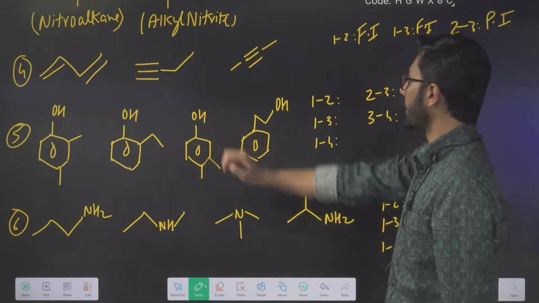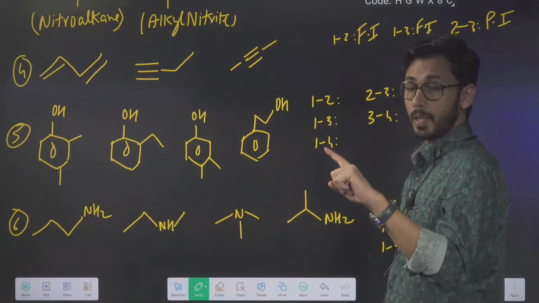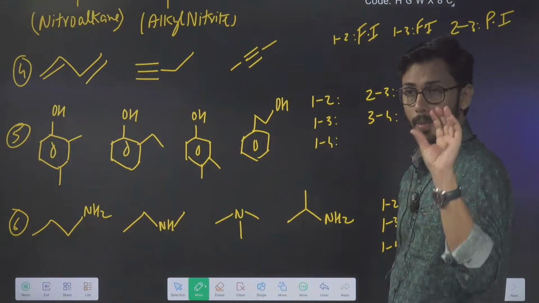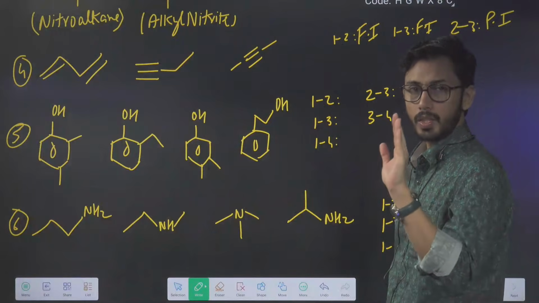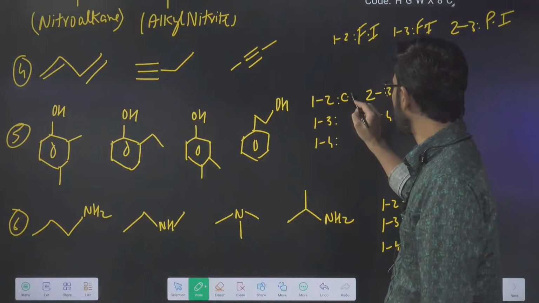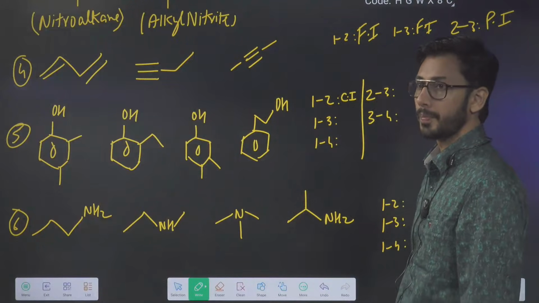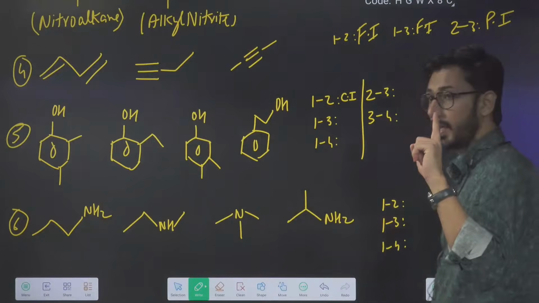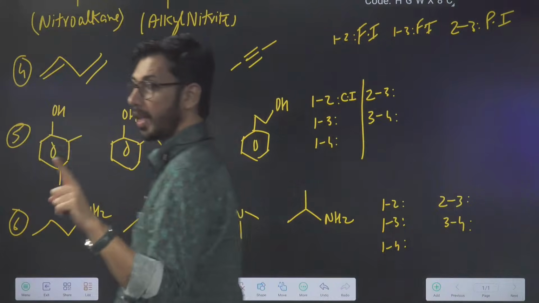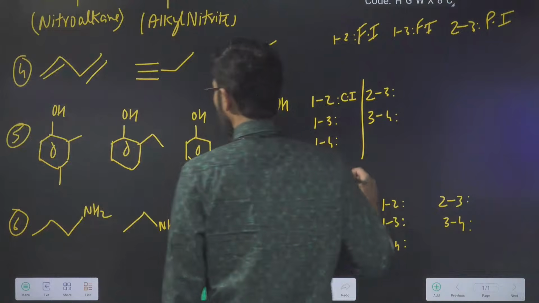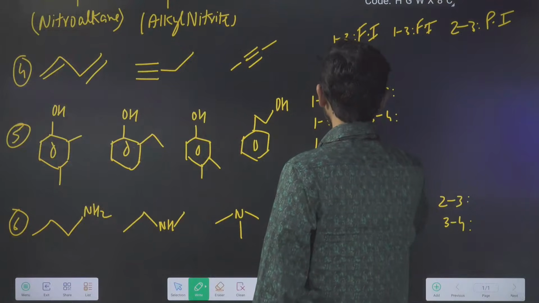In the fifth, first and second, they both are phenols, but the side chain has one ethyl, the other has a side chain dimethyl. Parent chain same, size of the side chain is changing. They are chain isomers. Clear? First and second, why? One is dimethyl, the other is ethyl. Then first and third, they are position isomers.